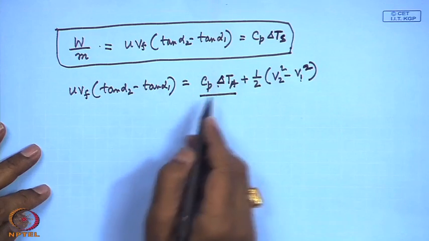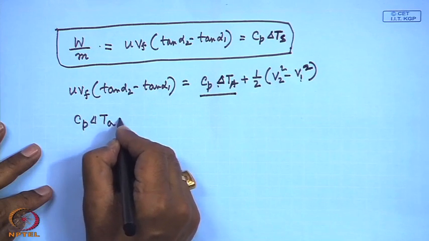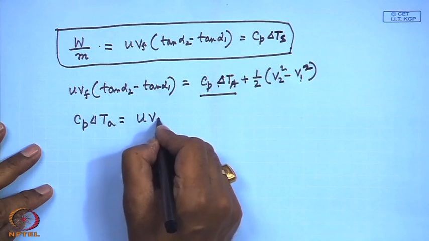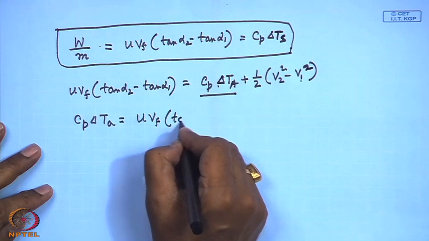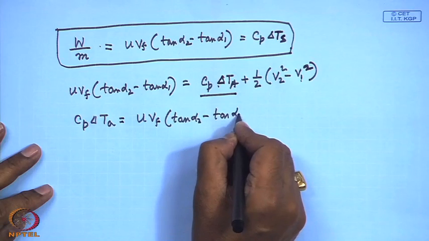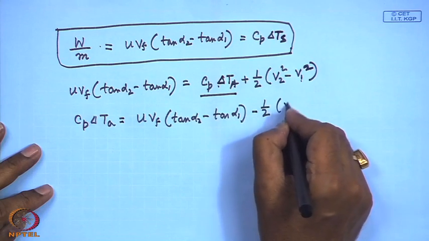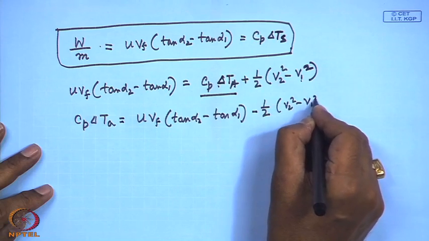So, therefore, we can write Cp delta T_A is equal to U Vf (tan alpha 2 minus tan alpha 1) minus half (V2 square minus V1 square).